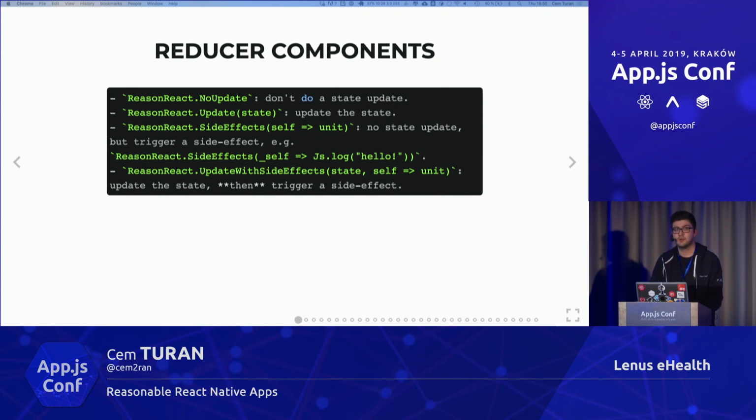All right. And what you might have noticed in the reducers was that there are different things you can call there. So there's a way of declaring this should not trigger a re-render with no update. Update, which sets the state and re-renders.